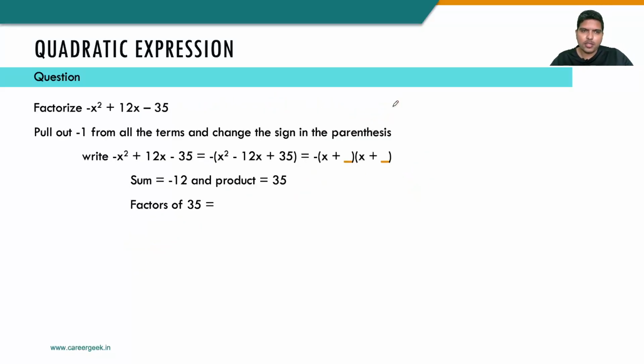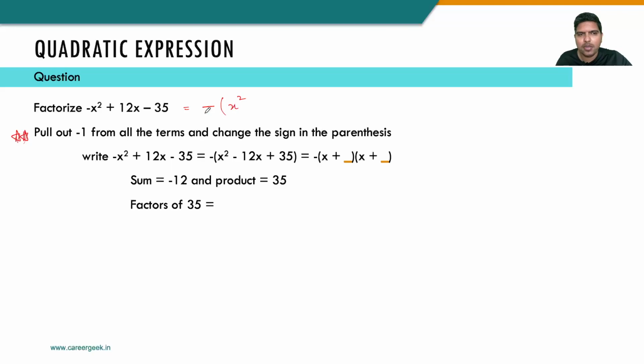Okay, so two last questions, or rather, when you have a negative for an x square term. We don't want a negative for the x square term. We want to keep that as 1. The coefficient is 1. Here the coefficient becomes -1. So what we'll do is we'll pull out that negative from the entire expression.